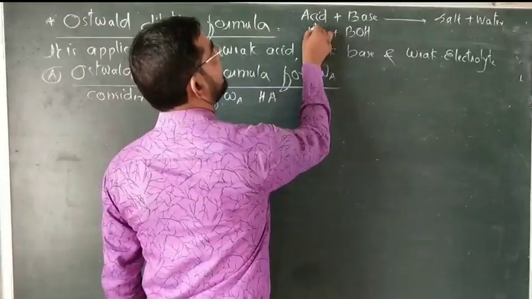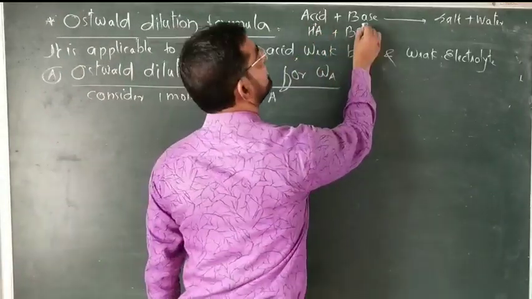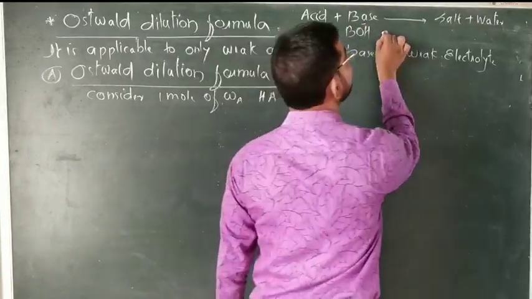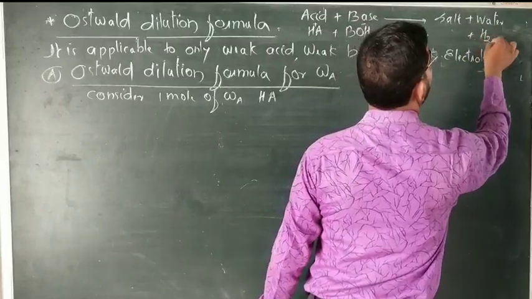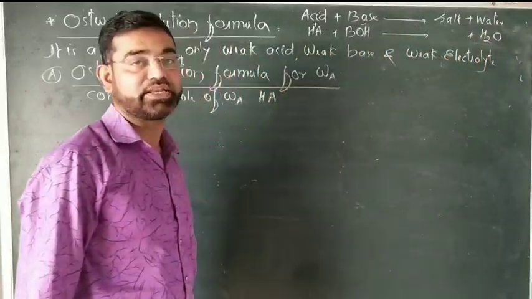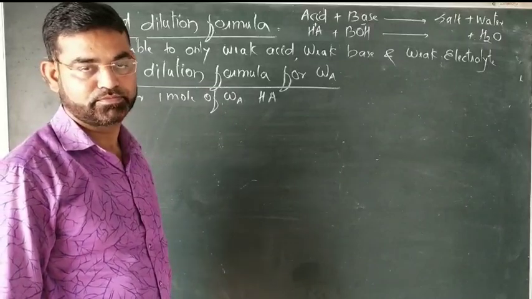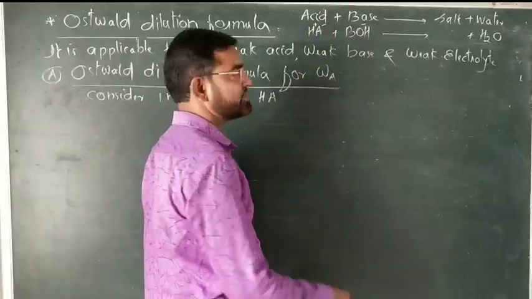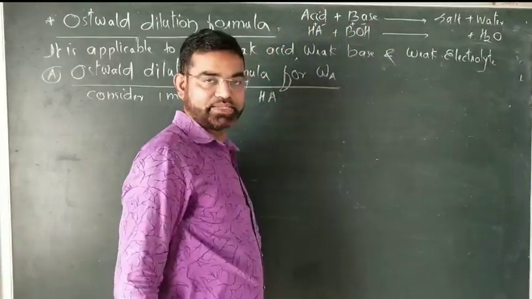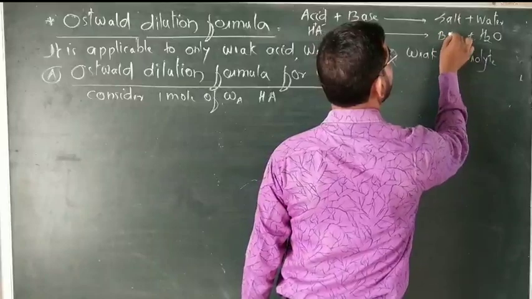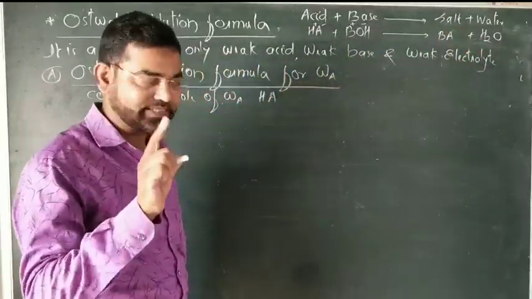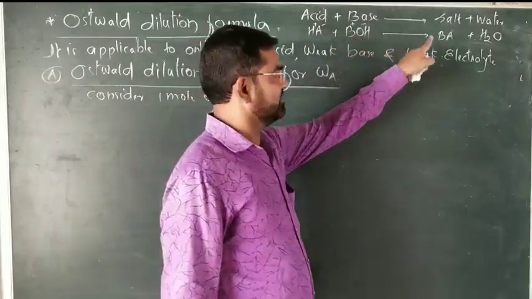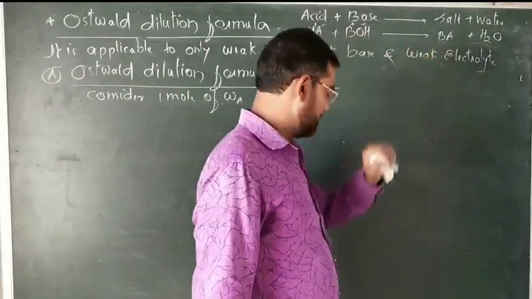The H plus ion of acid immediately combines with OH minus ion of the base and forms undissociated water molecule. What remains in the solution? The solution contains A minus ion, B plus ion, that is BA. So acid denoted by HA, base by BOH and salt by BA.